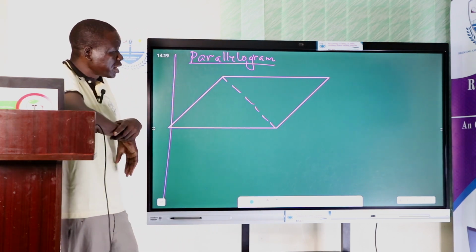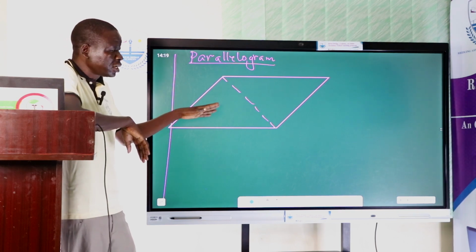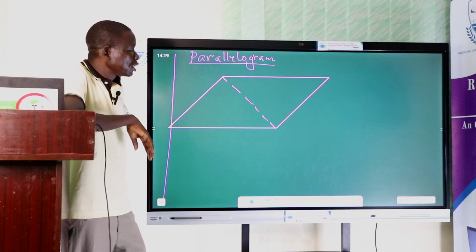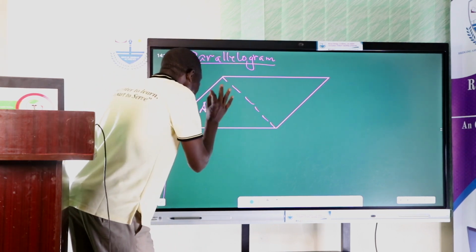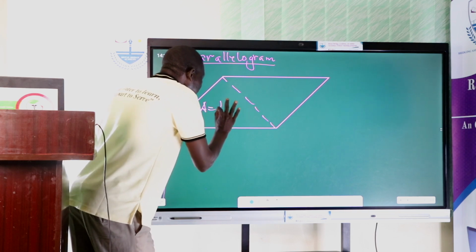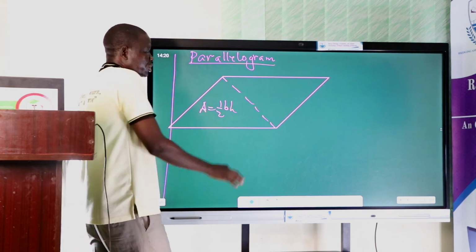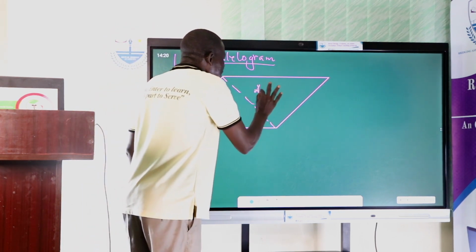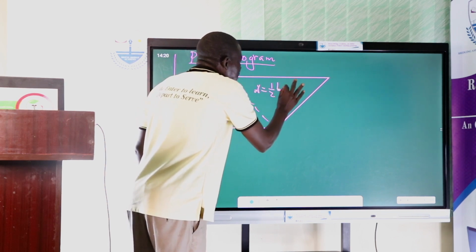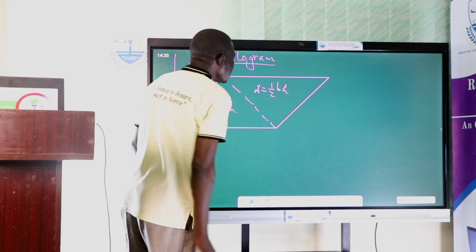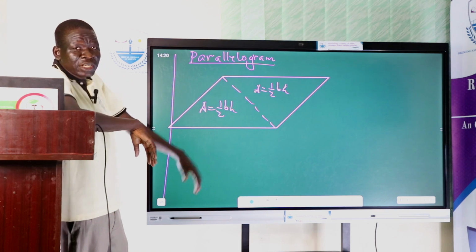When I draw a diagonal there, you find that we shall have formed a triangle here and then a triangle here. And now for each triangle, the area of this triangle here is equal to a half times base times a height, which is a half big H. For this triangle also, area is equal to a half times base times the height, a half big H. So since there are two triangles there, we shall combine the two areas.